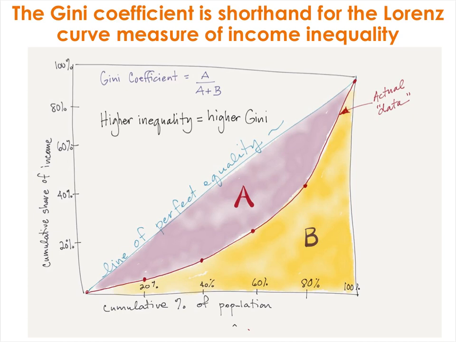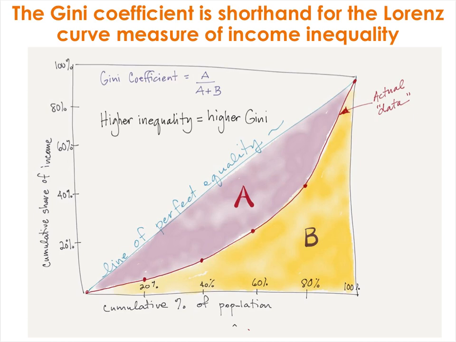So we've got a shorthand way of expressing inequality using that Lorenz curve, and it's basically this. We can take the Lorenz curve, right? And it's clear that the more bowed out the Lorenz curve, or the further away it is from the line of equality, you're going to have more inequality, right?